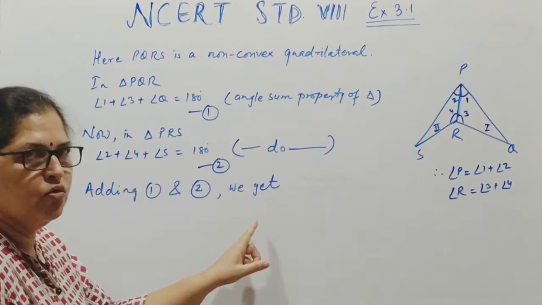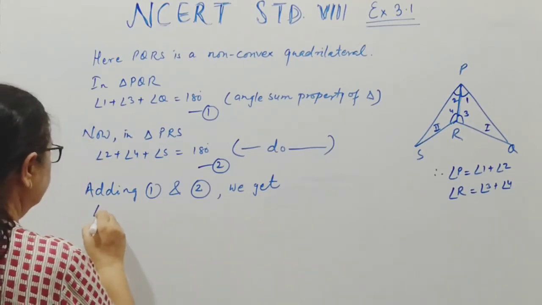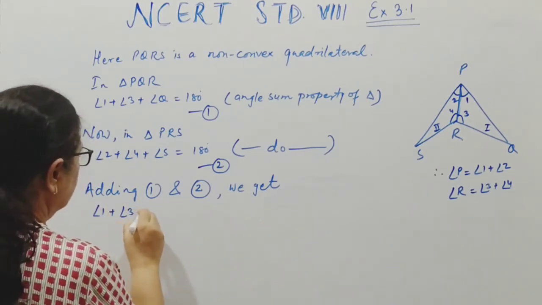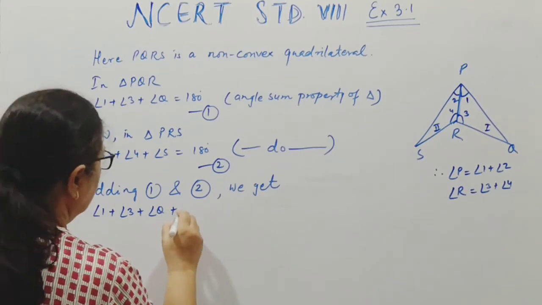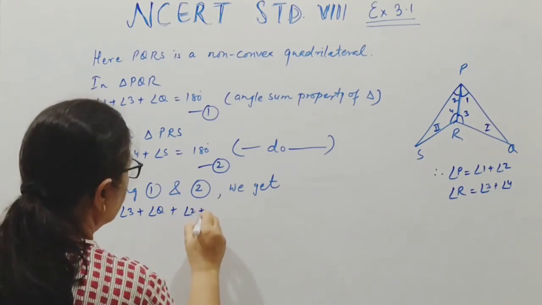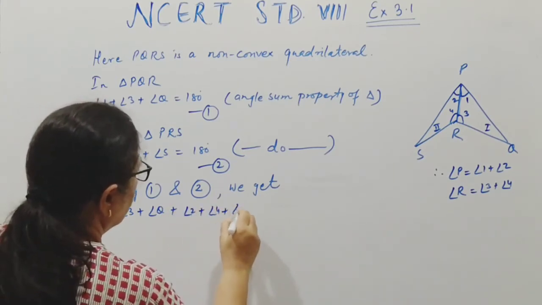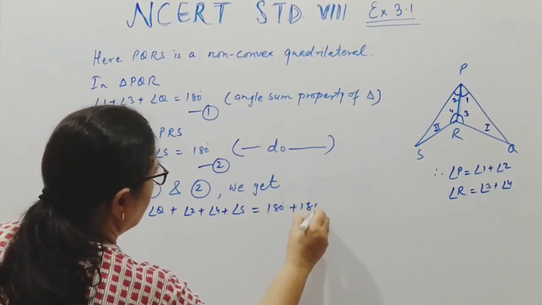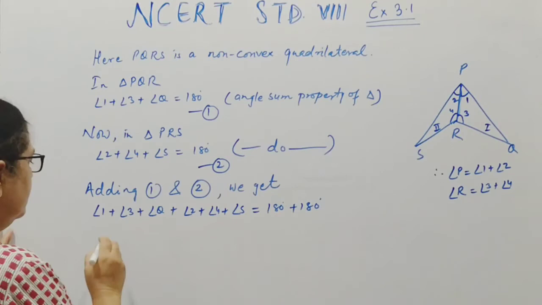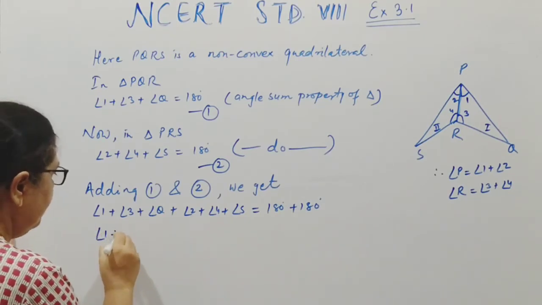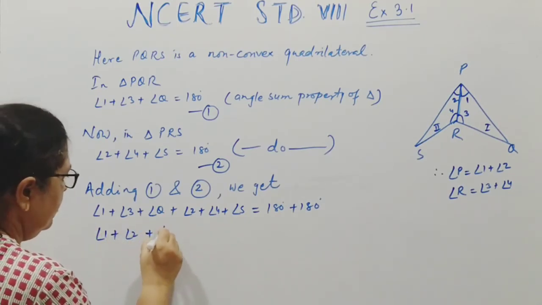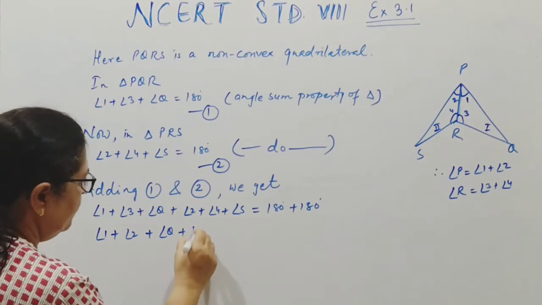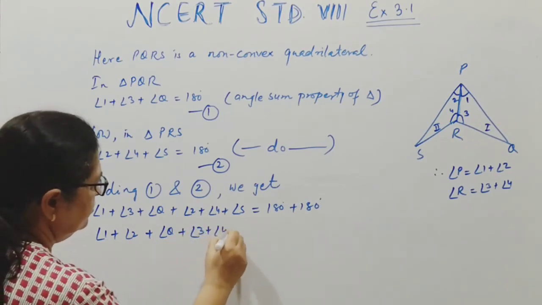Now adding 1 and 2 we get, now we'll write angle 1 and 2 together and angle 3 and 4 together.